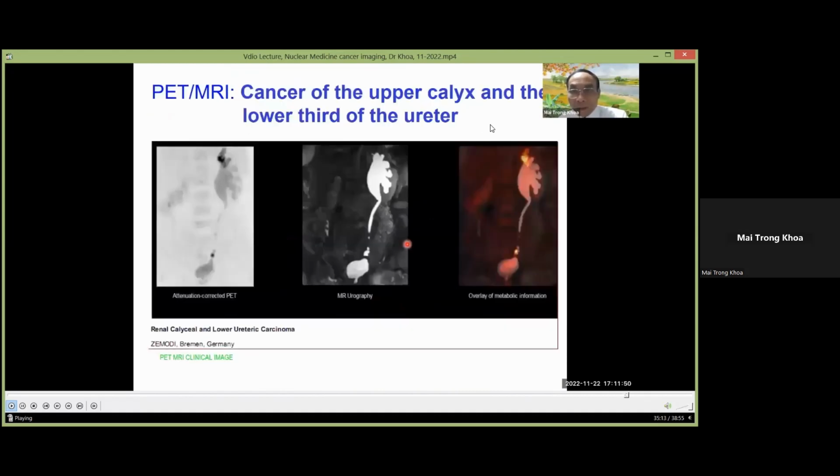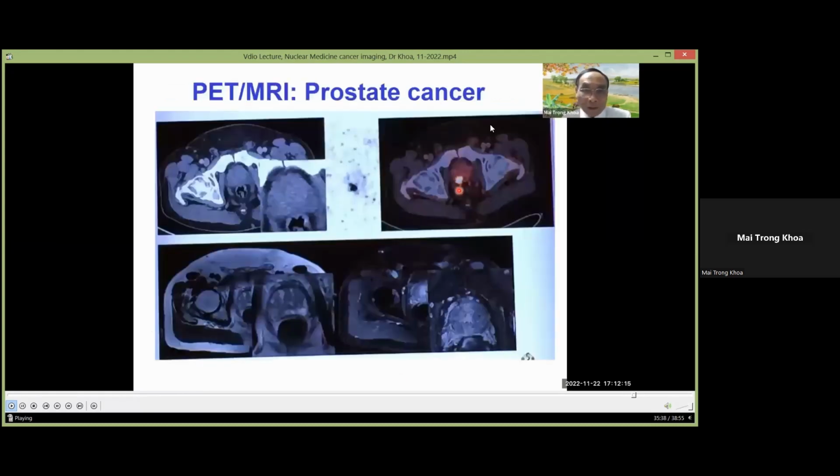This is a case where it is very difficult to detect the lesion on PET alone or MRI alone, but the lesion is very easily seen on the PET MRI image. You can see here, it's very clearly the tumor, a prostate cancer patient.